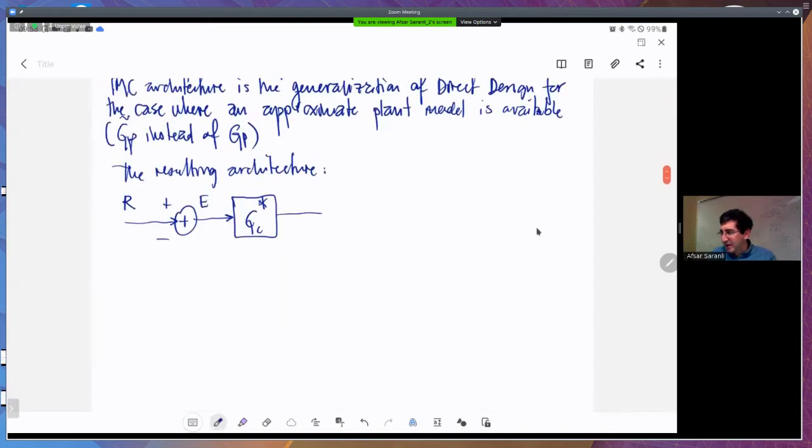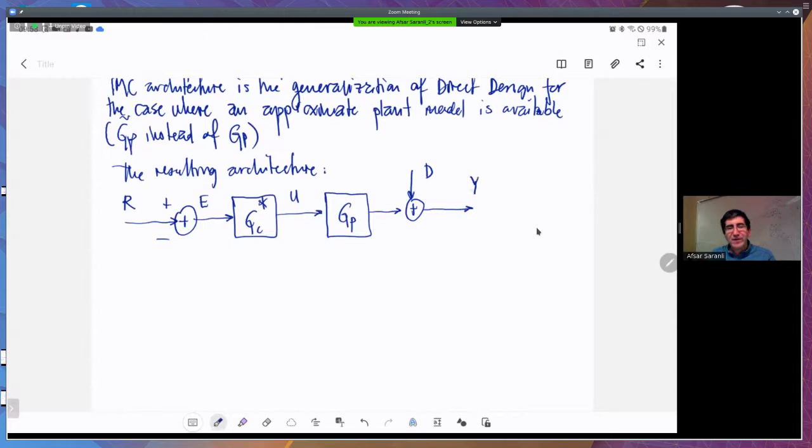So we get an input signal that is driving the plant, but here the plant will be assumed to be unknown. We will design not based on GP, but based on GP tilde. But we still assume that this is driving the actual plant, and we can assume that there is also a disturbance here, which generates the output.